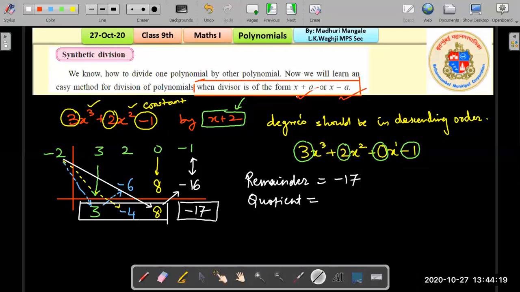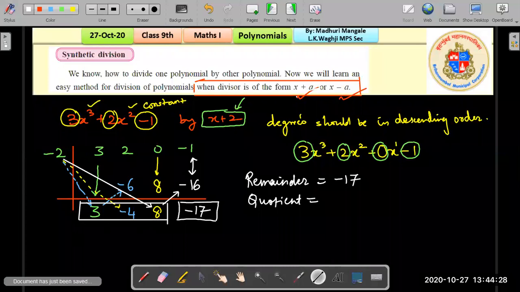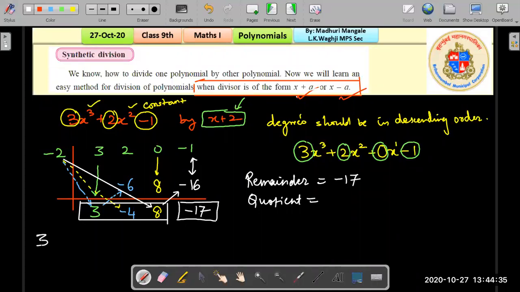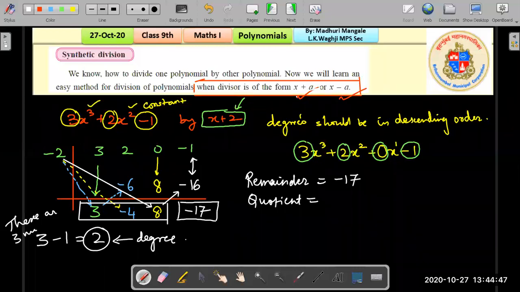Another way of finding out the quotient is to look at the number of terms. How many terms are there? There are 3 terms. So the degree of the quotient will be 1 less. There are 3 numbers, so 3 minus 1, that is 2. That will be the degree.